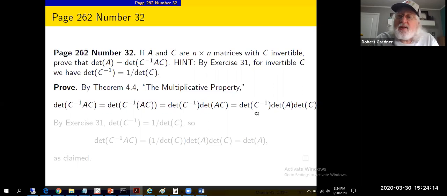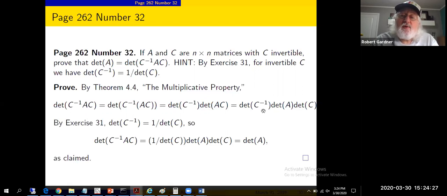Okay, what do you know about the determinant of C inverse? Well, exercise 31 tells us it's 1 over the determinant of C. So let's replace the determinant of C inverse with 1 over the determinant of C. Hey, wait a second.